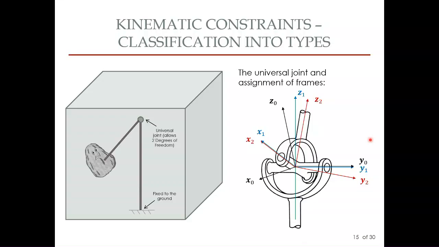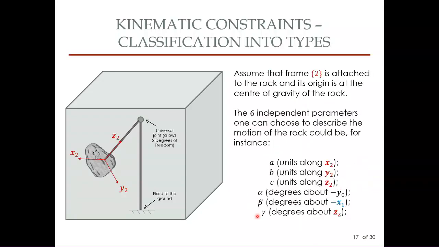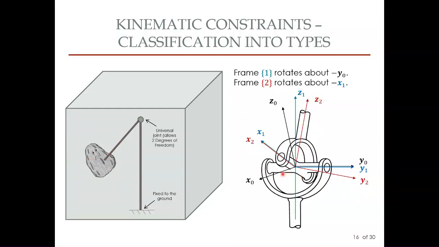So maybe I called it alpha and beta. So alpha would be the rotation of the cross along the negative y0 axis, and beta would be the rotation of this upper link here relative to the cross about the negative x1 axis.